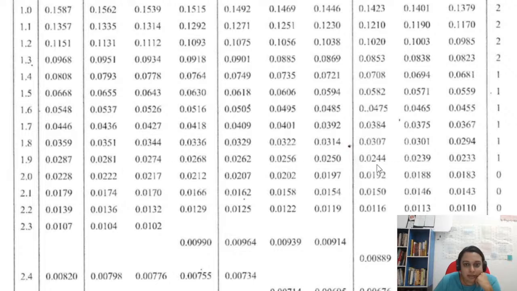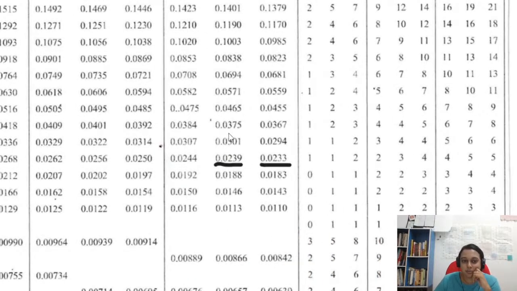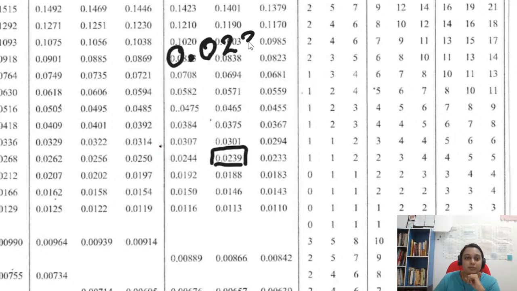0.023. Okay, here 239, 233. Can see? 239, 233. Of course, cannot choose 233. Okay, we go for 239. Okay, 239 must minus what number to get 236? Kita kena tolak dengan berapa? 239 must tolak with something with 6, isn't it?